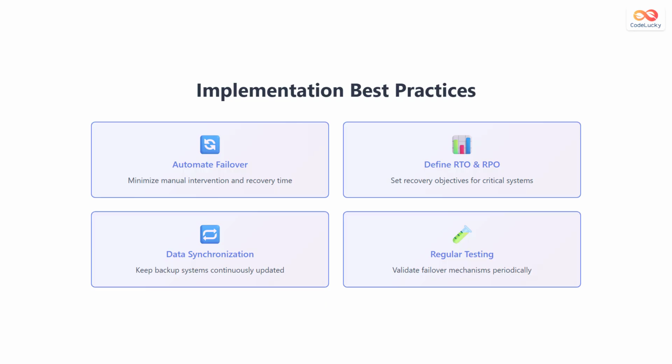Third, maintain data synchronization by keeping backup systems continuously updated with the latest information from the primary system. Fourth, conduct regular testing to validate that your failover mechanisms actually work when needed. These practices ensure your failover system is reliable and effective.